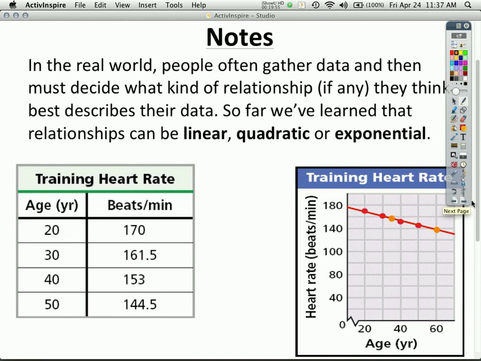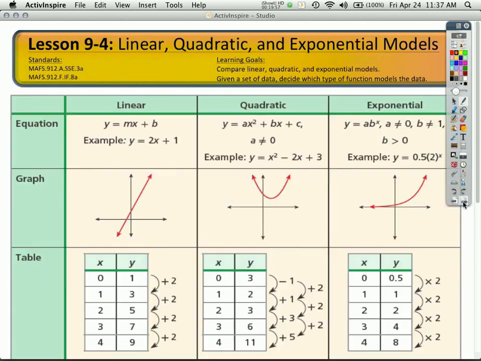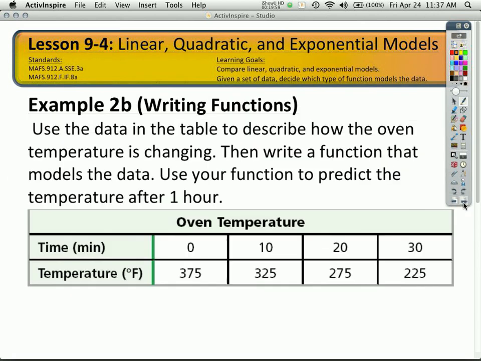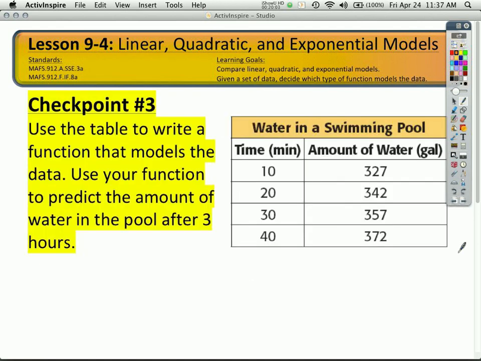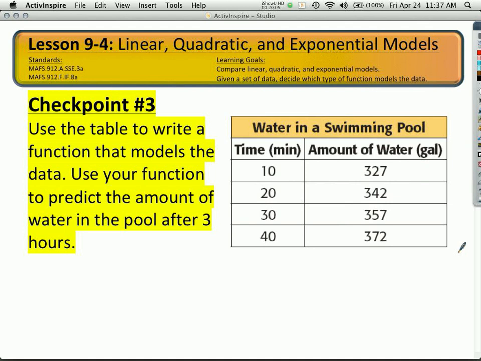So I have a couple more of these, but I want to show you what our ultimate goal is by the end of today. You're going to be writing an algebraic model for this scenario, and then you're going to use that model to predict another situation. That's our goal.